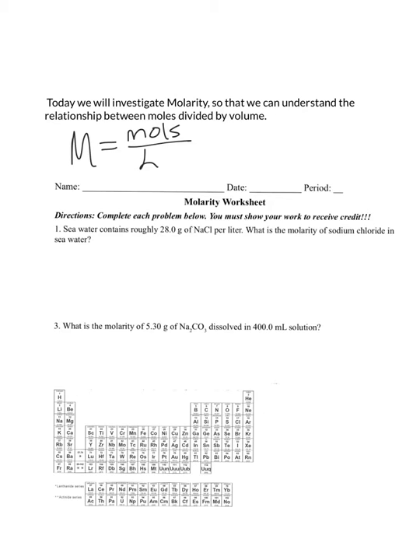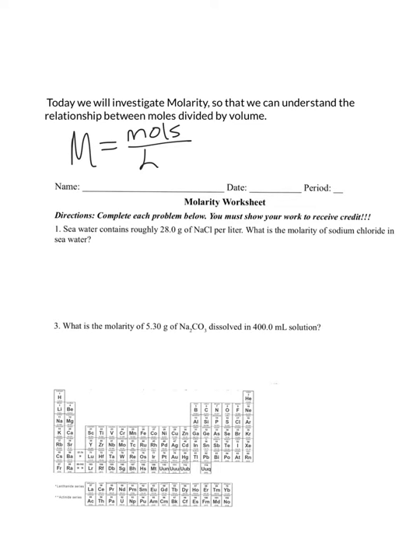Sometimes we are not always given directly the moles or liters, and we have to make adjustments and calculate and convert. So, just before we look at the two problems we have here, let's look at some of our conversions. The first one we need to look at is converting grams to moles.